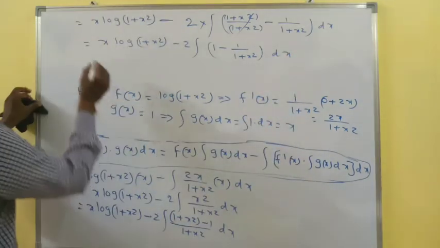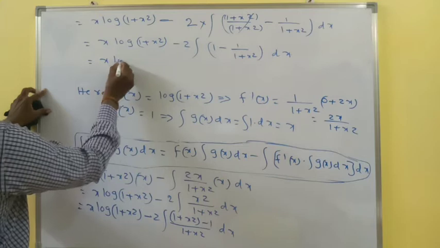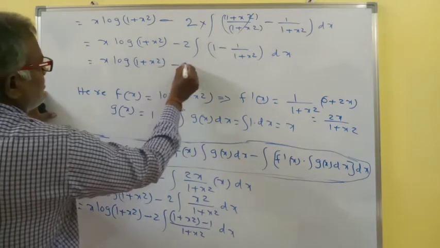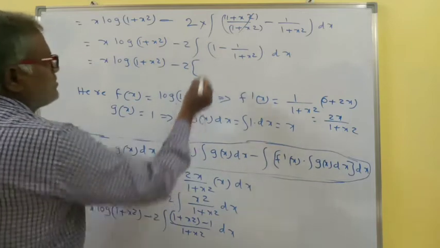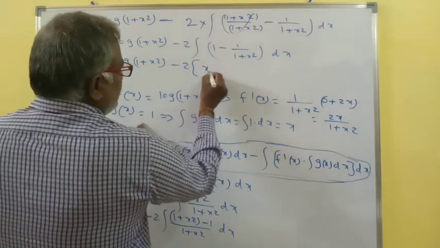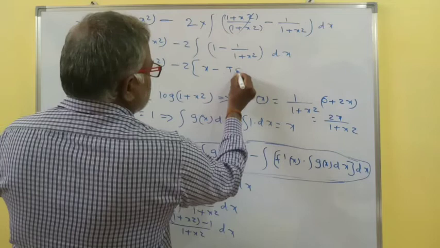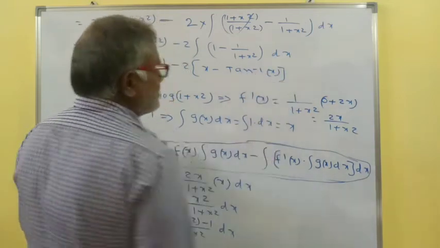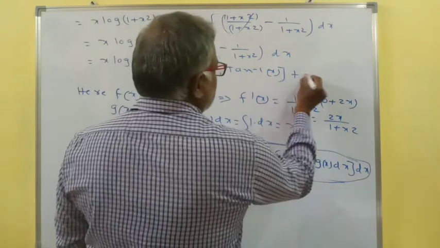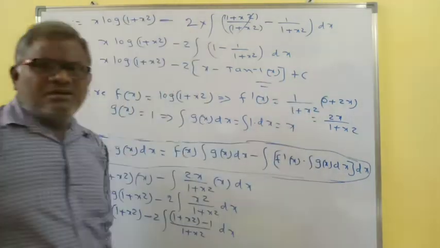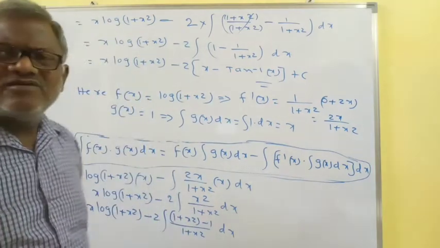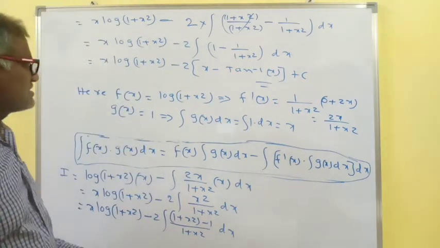Final: x into log of 1 plus x square minus 2 into x minus tan inverse x. So this is the solution for the integral of log of 1 plus x square dx.